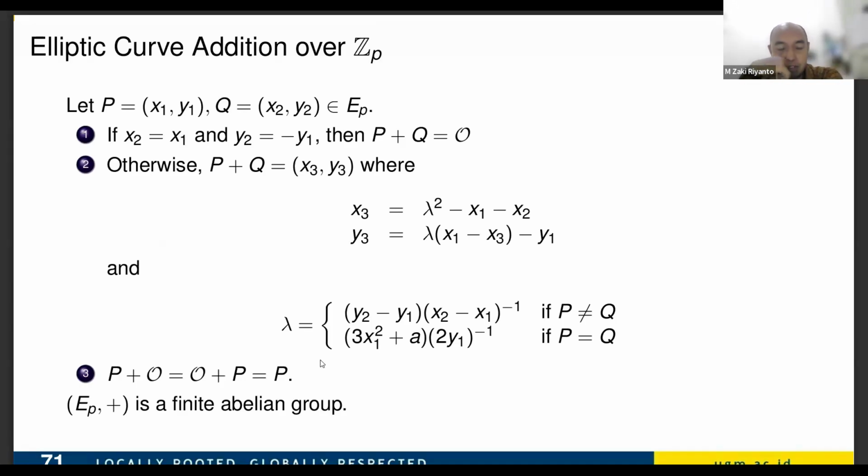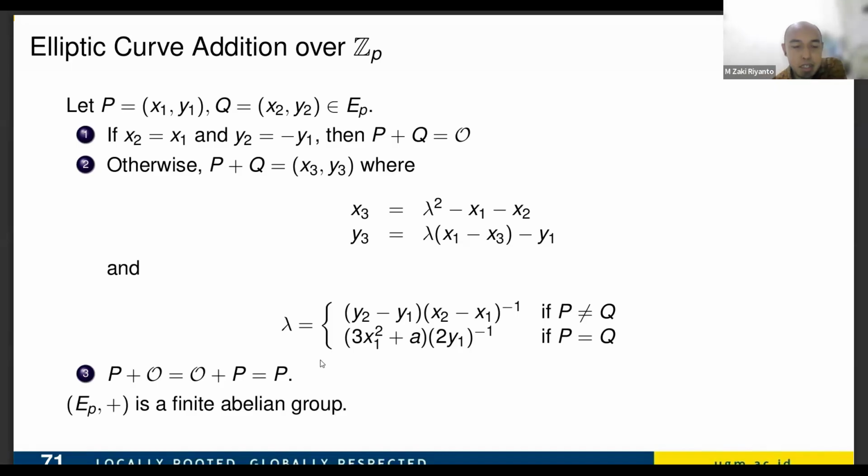If we have two points P and Q, where P is (x1, y1) and Q is (x2, y2), and x1 is equal to x2 and y2 is equal to minus y1, then P plus Q is defined as the point at infinity.